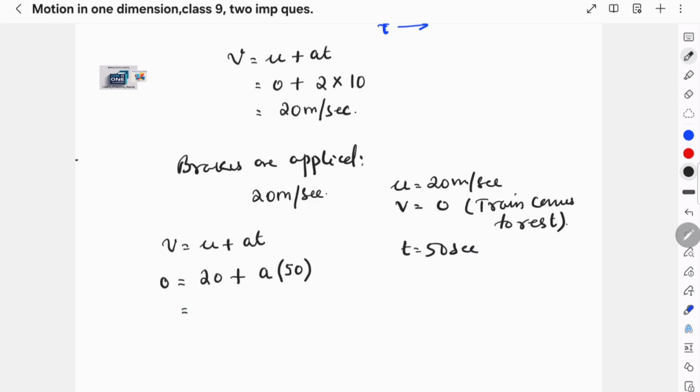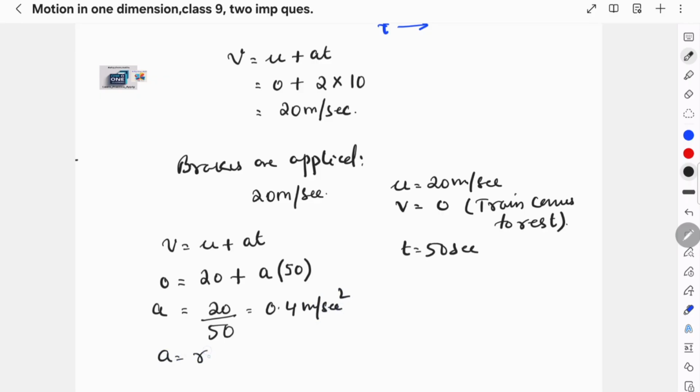So when we calculate this, we get a is equal to 20 by 50, which is 0.4 meter per second square.